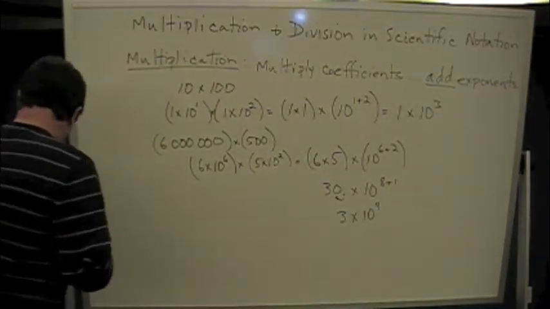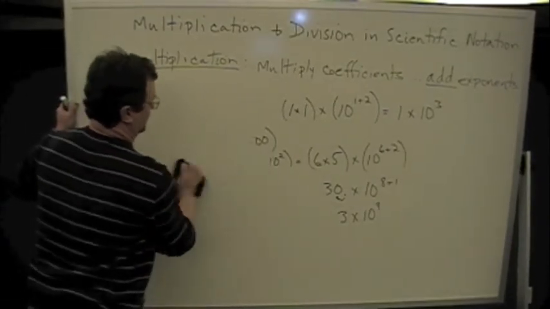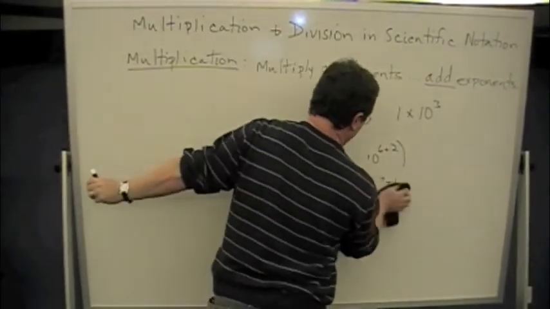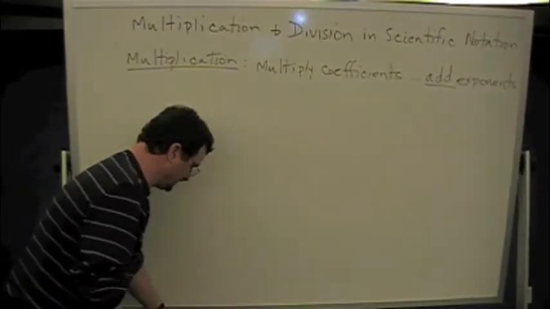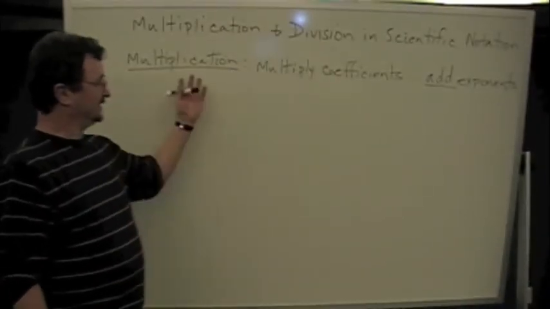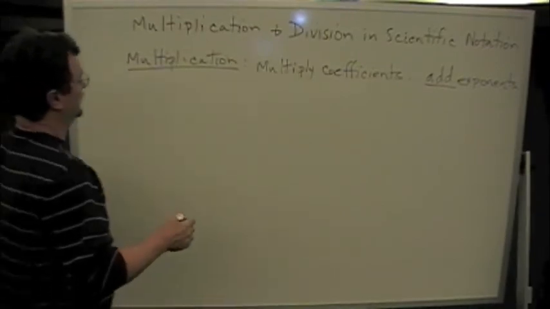Okay, let's do one more example. And by the way, this is what engineers used back in the 1960s when they were trying to make spaceships that sent people to the moon. They actually used scientific notation with their slide rules to do all those calculations.